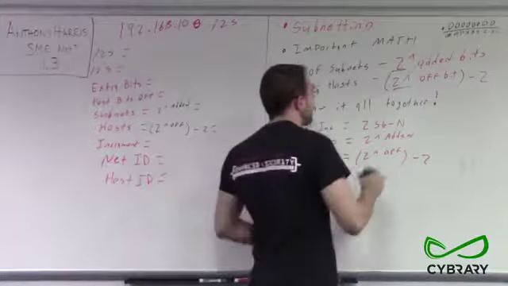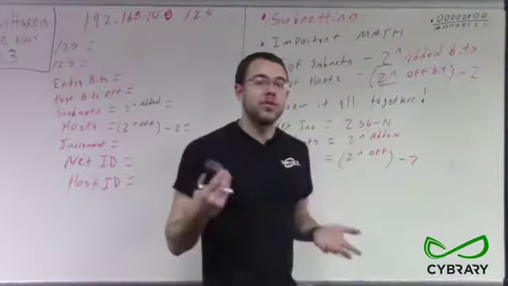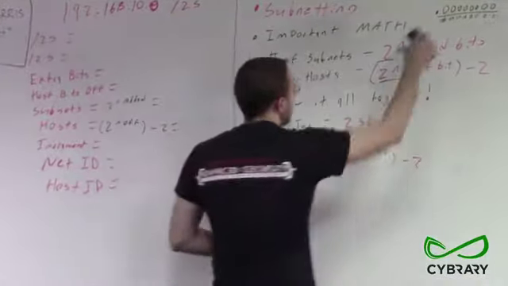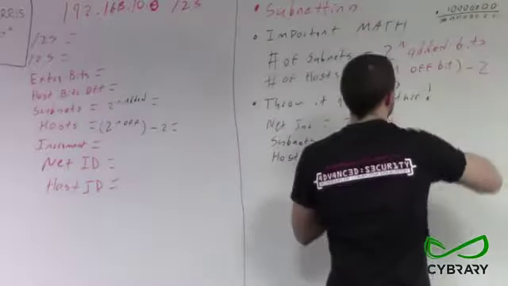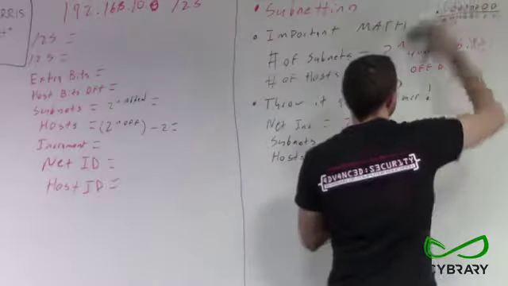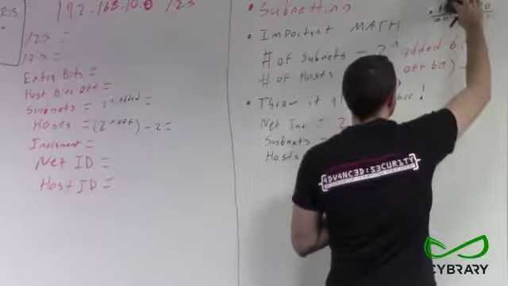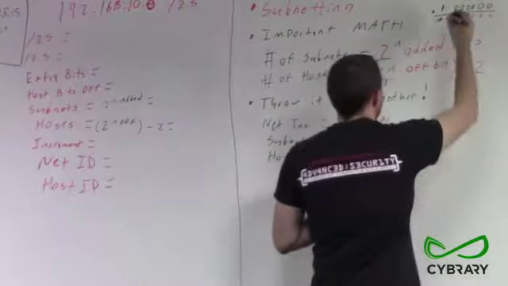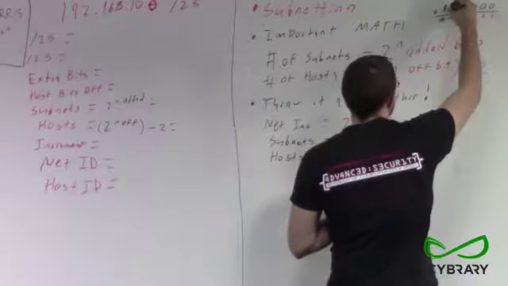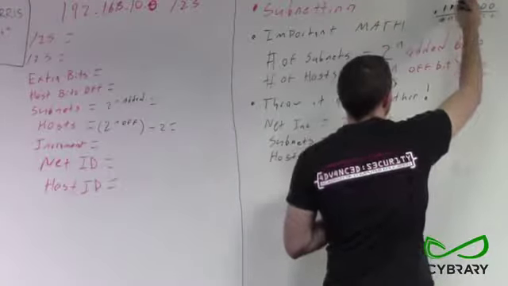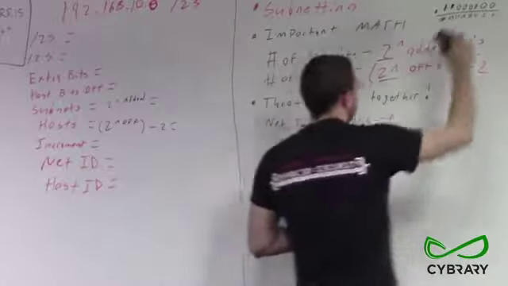So we need to get to 240 because that's what our new subnet mask is. We add a bit to the 128 place and we say that's not enough. We add a bit to the 64 place and we say, okay, what do we have now? We now have 192, so that's not enough.